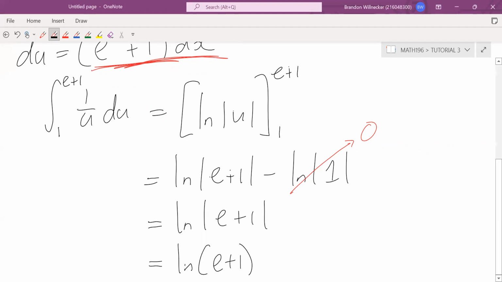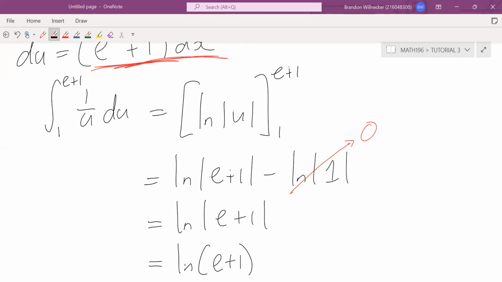There's no harm in leaving it there. Remember, that's just for this example where the argument is positive. If the argument was negative, or if it could be negative, then you have to keep the absolute value there.